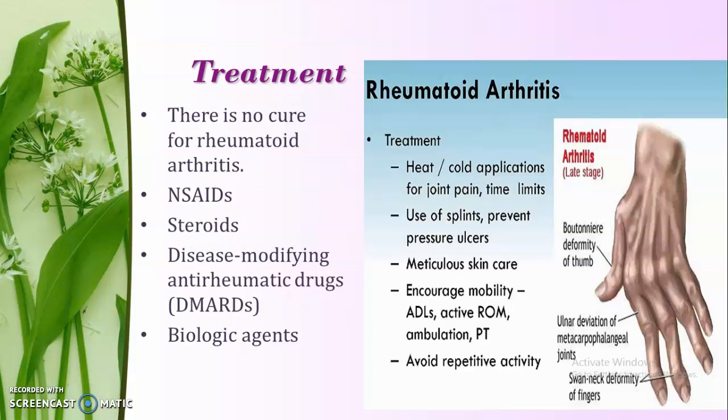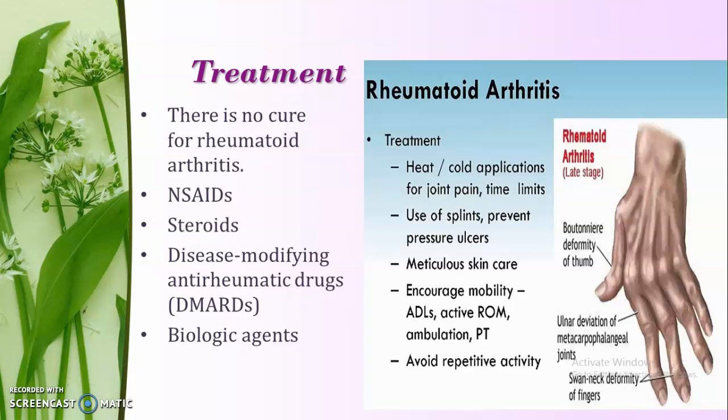There are also disease-modifying anti-rheumatic drugs, called DMARDs. These drugs can slow the progression of rheumatoid arthritis and save the joints and other tissues from permanent damage.